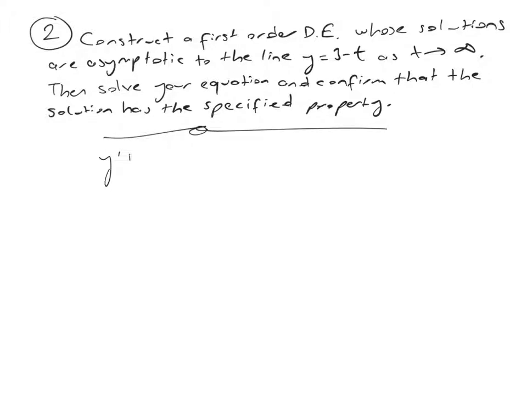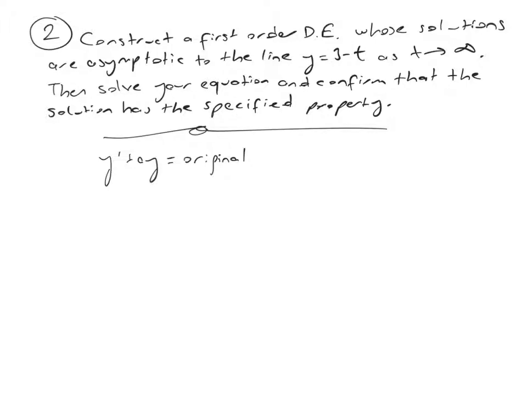y prime plus a times y is equal to something, let's say the original part. For the sake of simplicity, let's choose a as a constant. This a is related to the integrating factor, because we define the integrating factor as e to the integral of a dt, and the integral of an exponential function is still an exponential function.